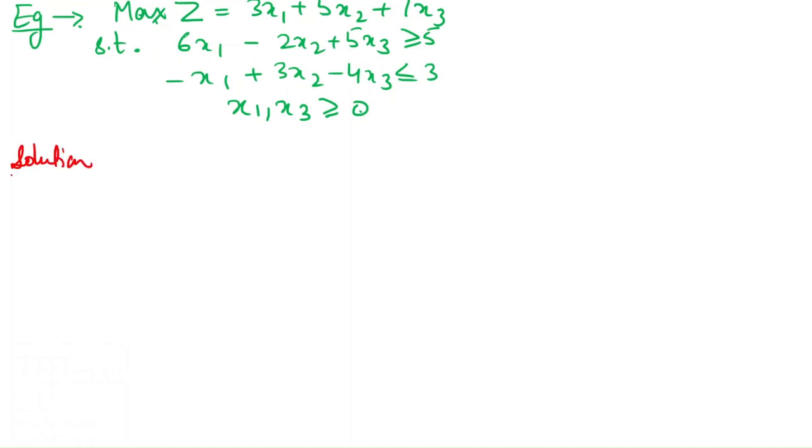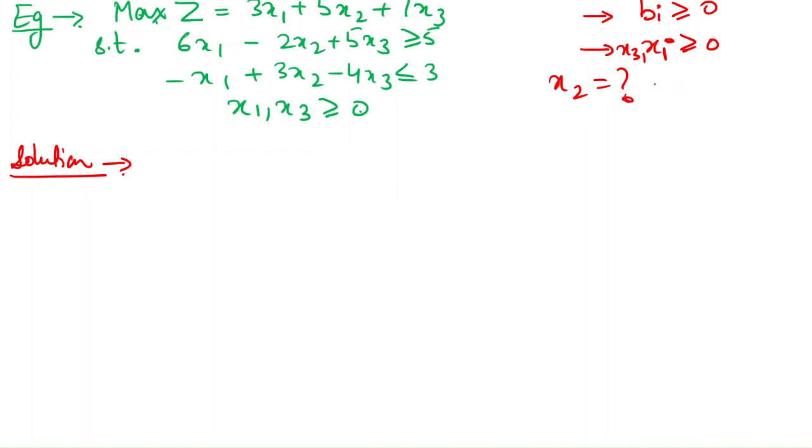So all the bi's are greater than or equal to 0. Yes, the bi's are greater than or equal to 0, the first one. Second, are all the xi greater than or equal to 0? No, we are just given that x1 and x3 are greater than or equal to 0. But what about x2? Nothing is given to us about x2. That means it is an unrestricted variable.